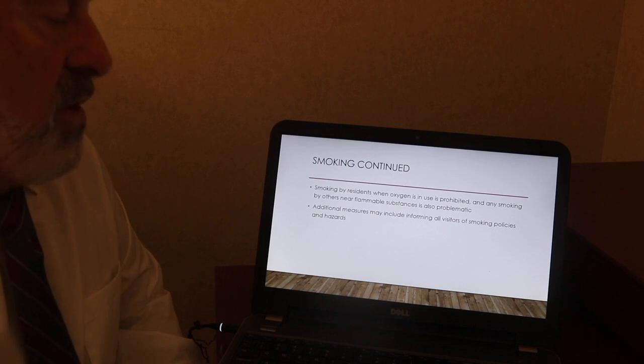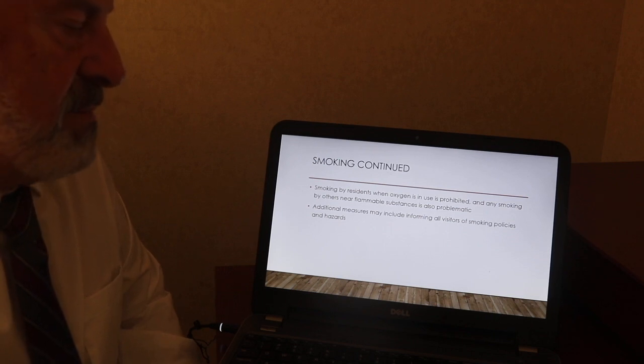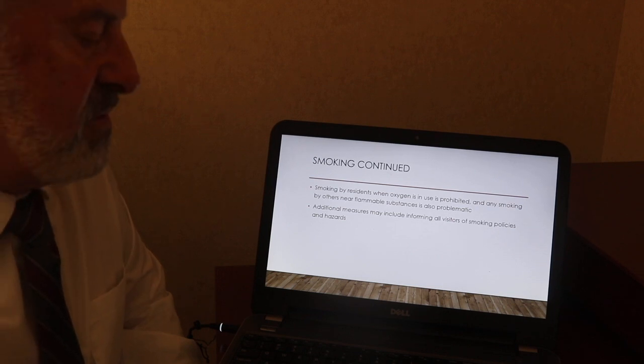Smoking by residents when oxygen is in use is, of course, prohibited, and any smoking by others near flammable substances is also problematic. Additional measures may include informing all visitors of smoking policies and hazards.